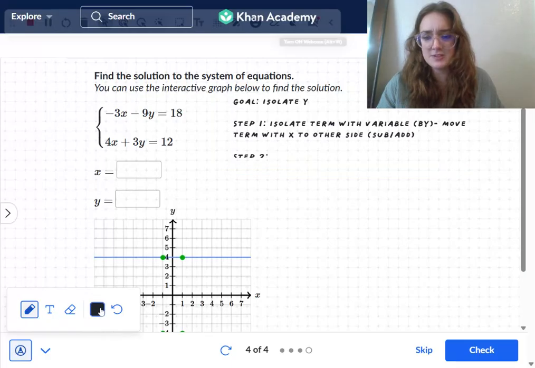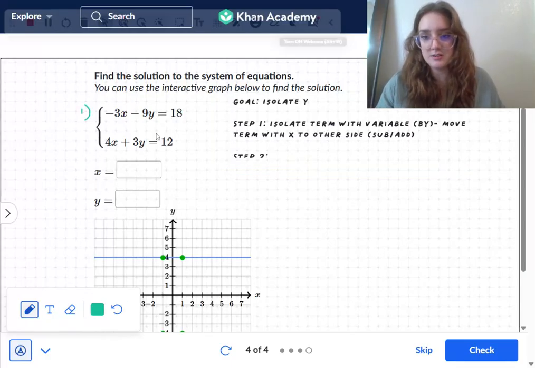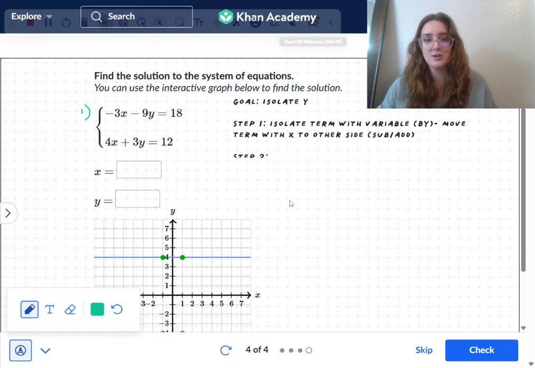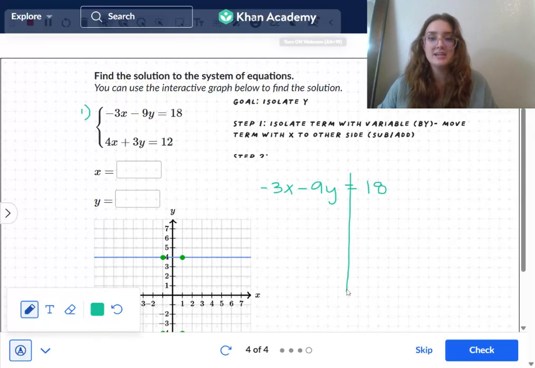Okay, so let's go ahead and start with equation number 1. We'll write it out. We've got negative 3x minus 9y equals 18. So our goal is to convert this from standard form into slope-intercept form, right? Why do we need to do that?